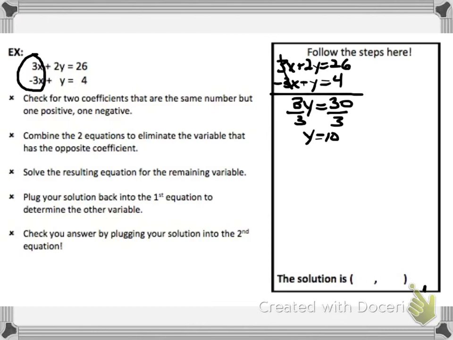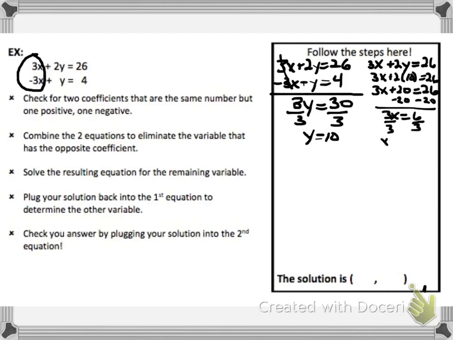I plug it into 3x plus 2y equals 26, so 3x plus 2 times 10, 3x plus 20. Subtract 20 on both sides, I get 3x equals 6, divide by 3, and x is going to be equal to 2.